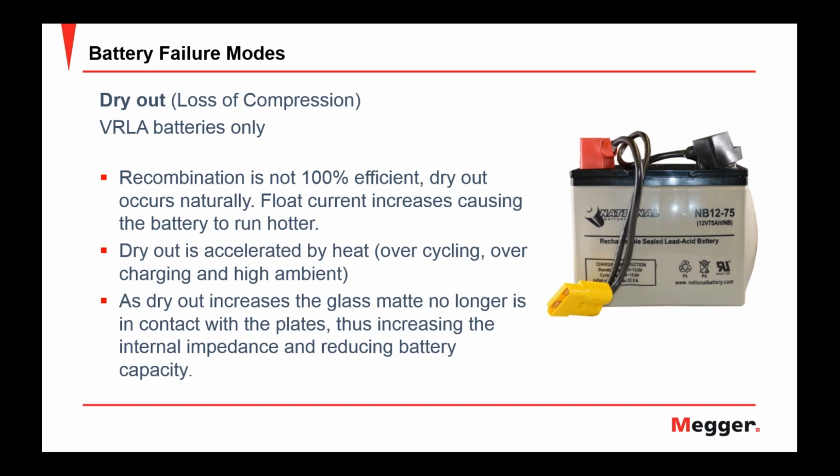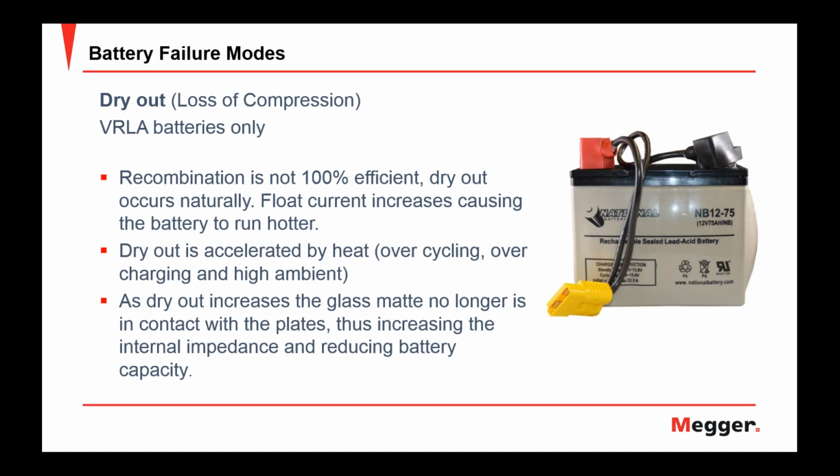The issue you run into, though, is no chemical process is 100% efficient. So these batteries do dry out slowly over time. This is why they have a limited lifespan too, by the way.